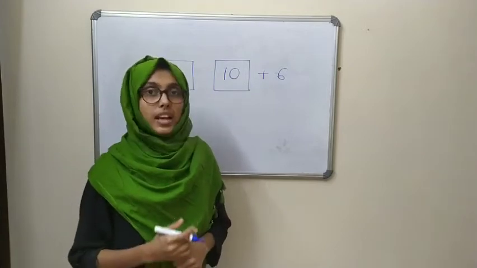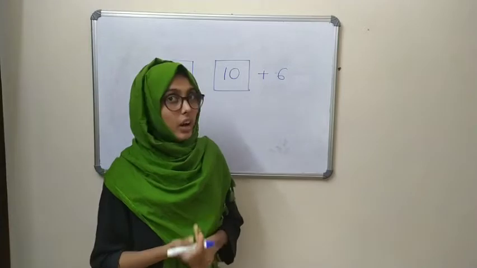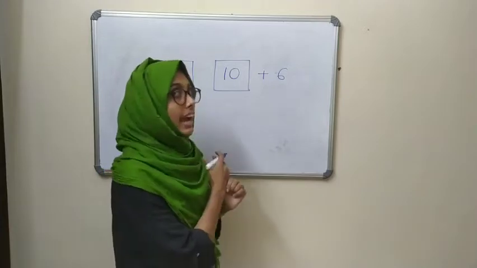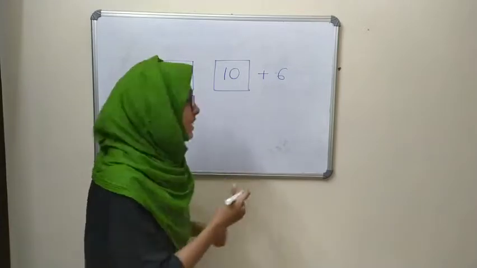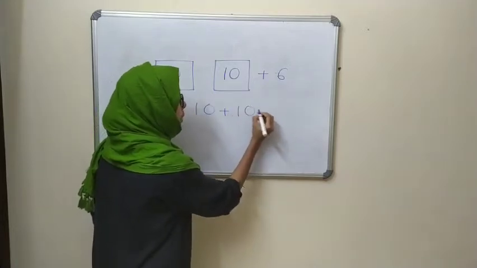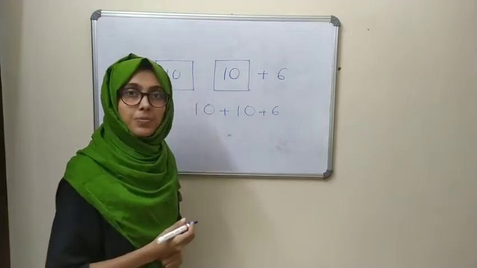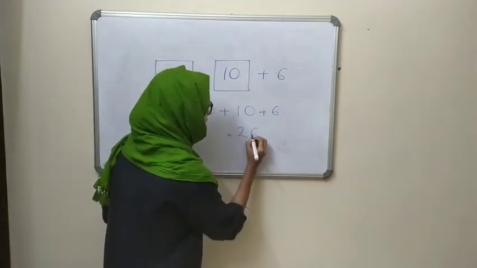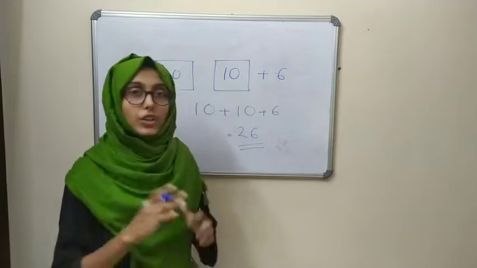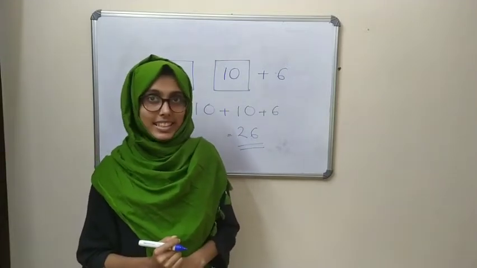So tell me how many in all? Yeah. How will we find that? We will add all, isn't it? So 10 plus 10 plus 6. How much is that? Yes, 26. So in total there are 26 bangles, isn't it?